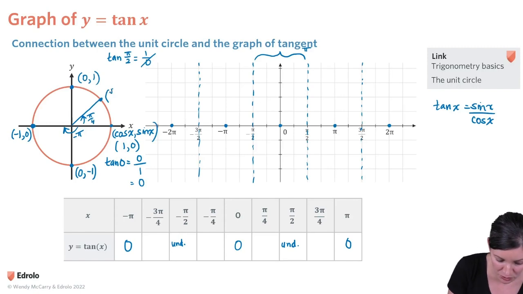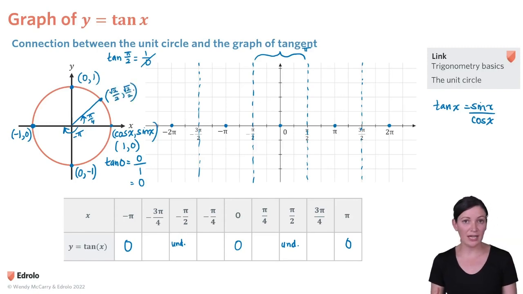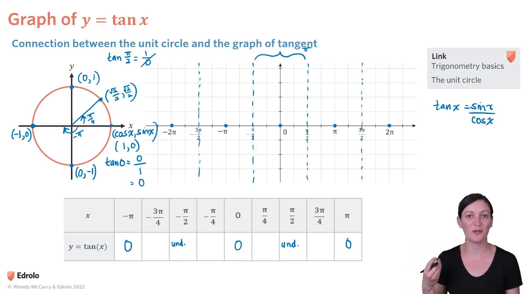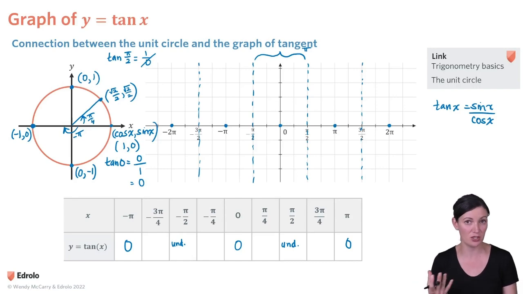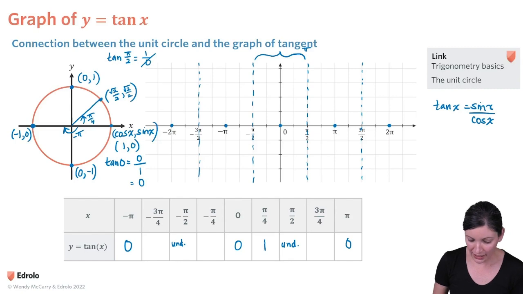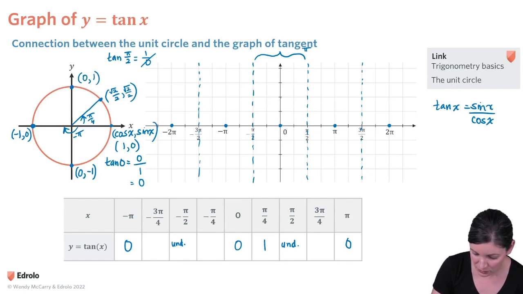They're both √2 on 2. So if I want to calculate the tan of pi on 4 radians, it would be √2 over 2 divided by √2 over 2, which sounds really complicated, but it's just 1, because anything divided by itself is 1. So at pi on 4, we'll say that's 1 there, and that's -1.